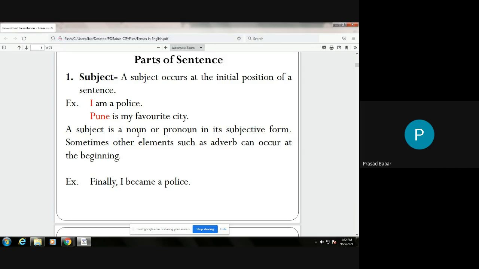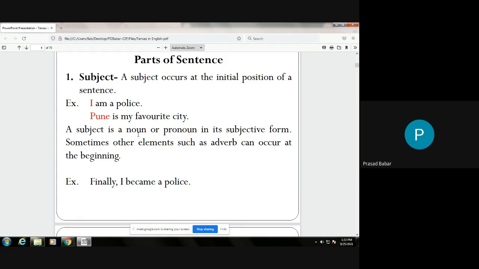Subject may be a pronoun or a noun. In the next example, Pune is my favorite city. So in this example we have Pune as a noun, and it is used as the subject of the sentence. So a subject is a noun or pronoun in its subjective form.